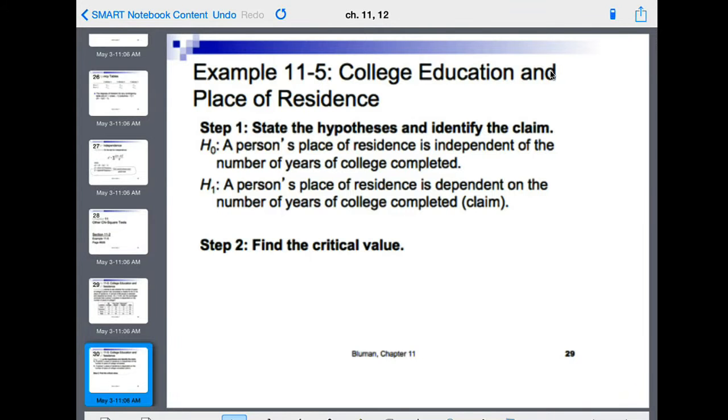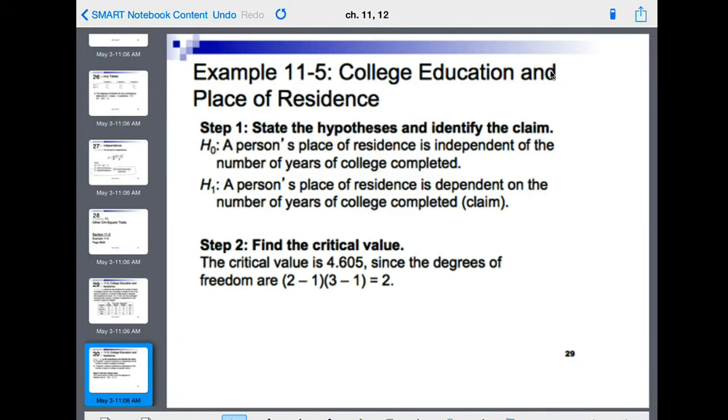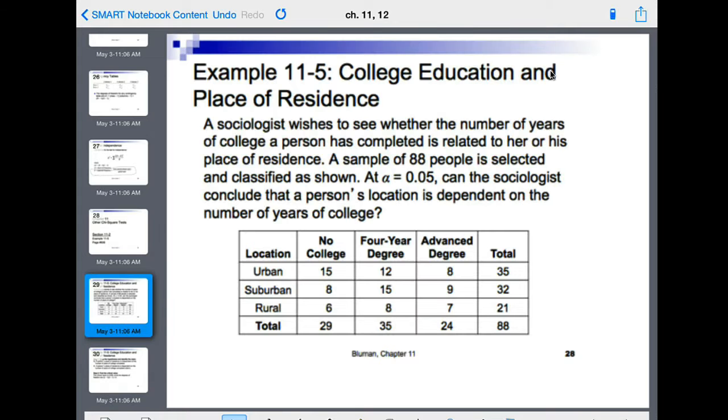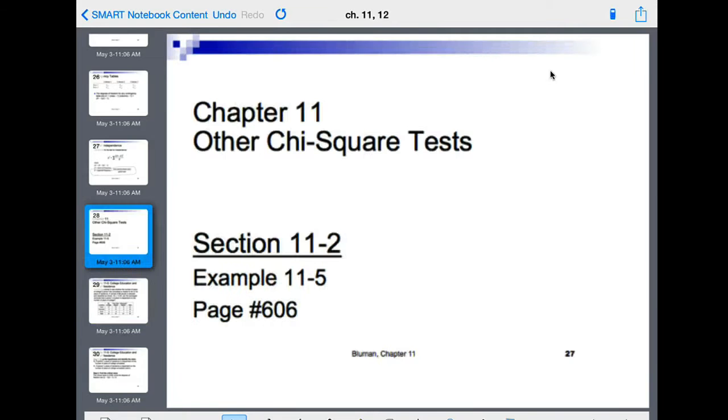So the first thing we're going to do is find our critical value. Rows minus 1, columns minus 1. If we go back to this table, we had 1, 2, 3 rows, 3 columns.